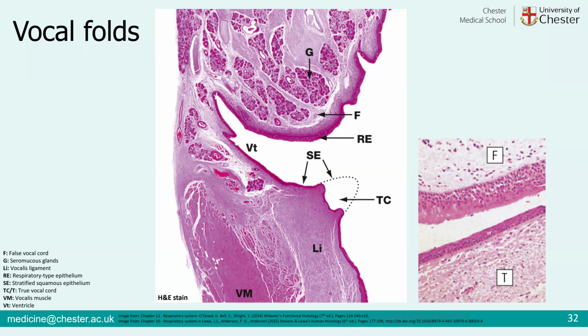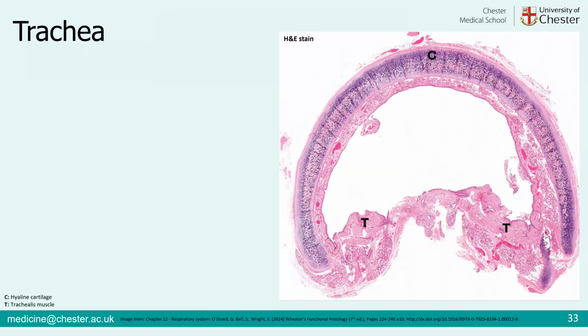So even though at first glance you might think that's the stratified one because it looks chunkier, it's not. This is the stratified squamous epithelium, 5 to 10 cell layers thick. This is that pseudo-stratified columnar epithelium, that respiratory type epithelium. So sometimes you can't just take a glance at it and assume which epithelium is which.